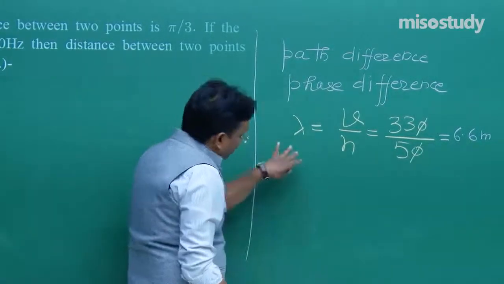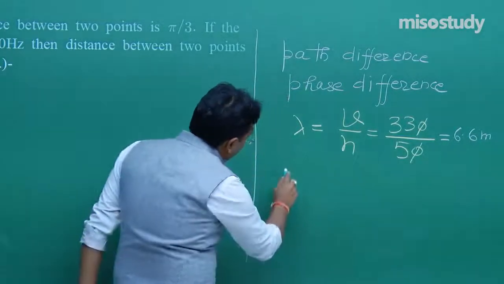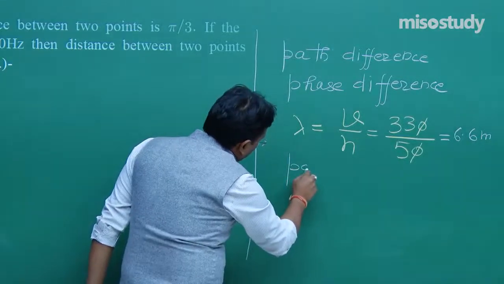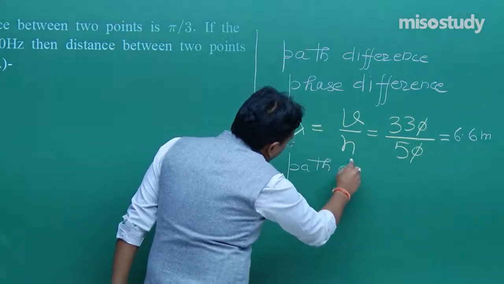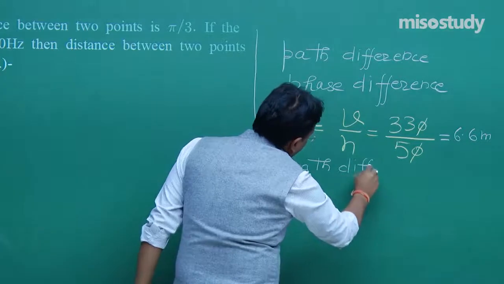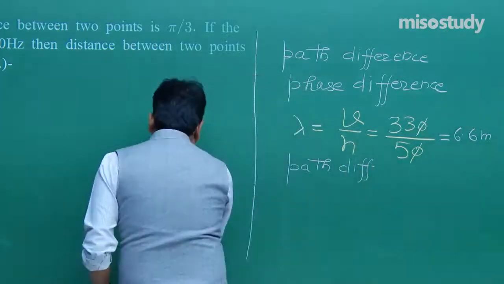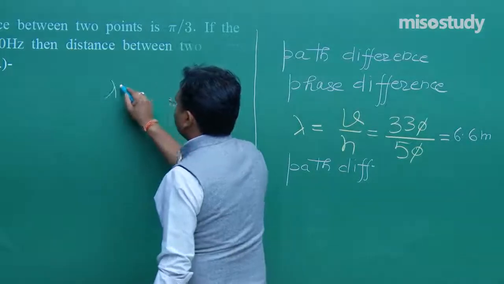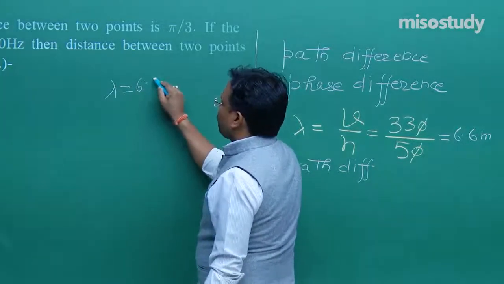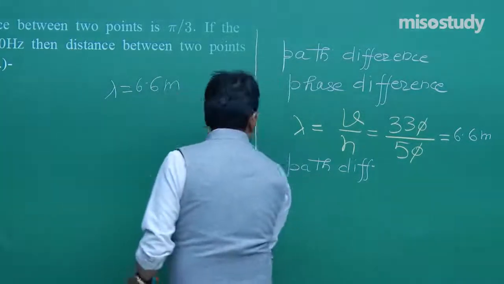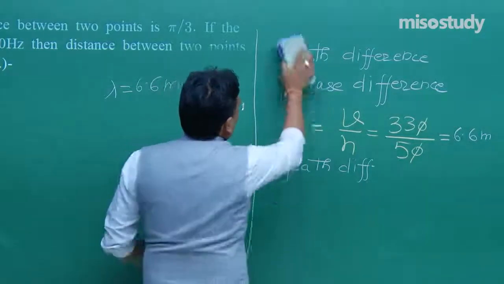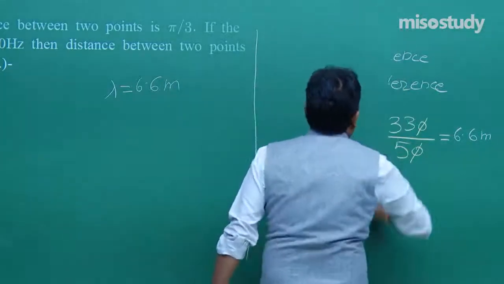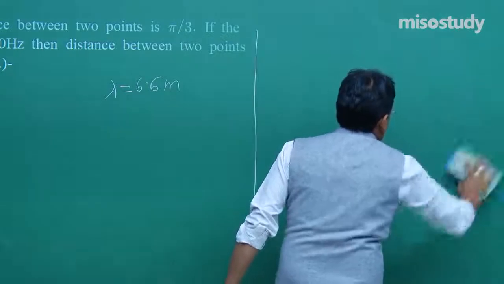No problem. Lambda is this much. Now path difference, I think I should put the value of lambda here. Lambda is equal to 6.6 meter. Then I will write down the formula at this place. That is a better approach. Fine.